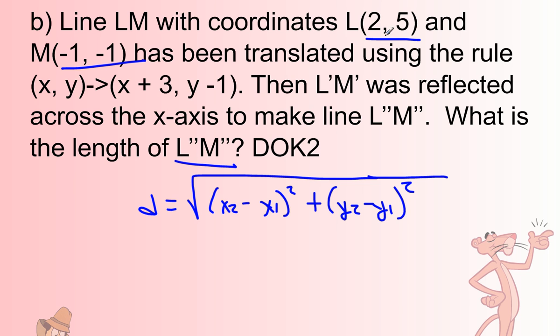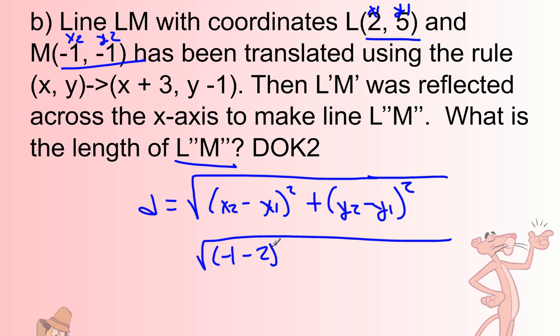(x2 minus x1) squared plus (y2 minus y1) squared. If we plug in the points from here, with x1, y1, x2, y2, negative 1 minus 2 squared plus negative 1 minus 5 squared.